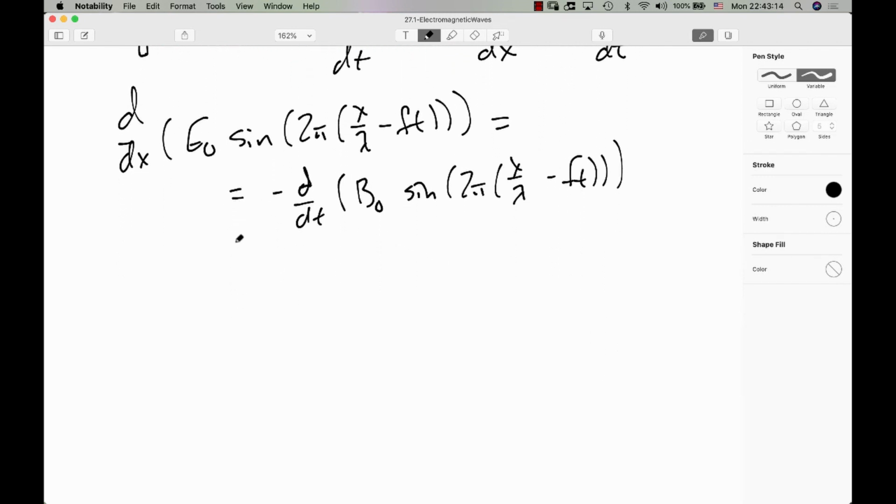So if you go ahead and do all the derivatives, what are you going to get? Well, the derivative of sine is cosine, right? So this is going to give me an E naught, cosine of stuff, and then times the derivative of what's inside, we're just going to pick up a 2 pi over lambda as a result.